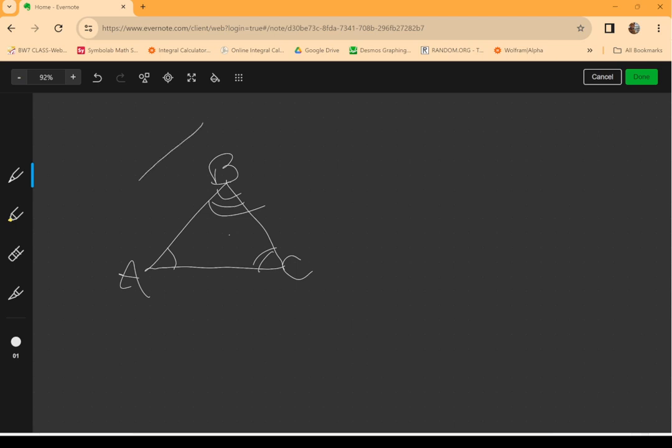In fact, what we might have is a triangle that is maybe written like this.